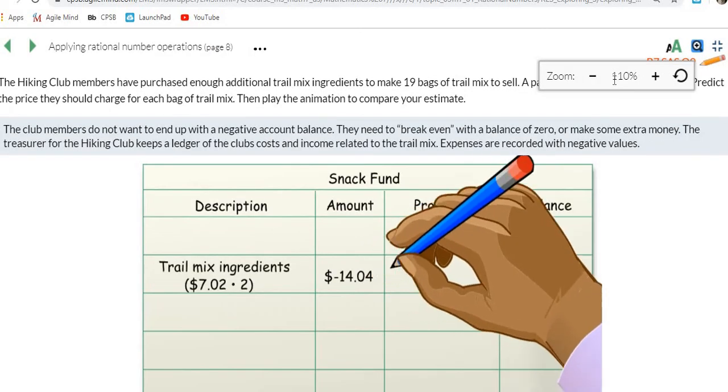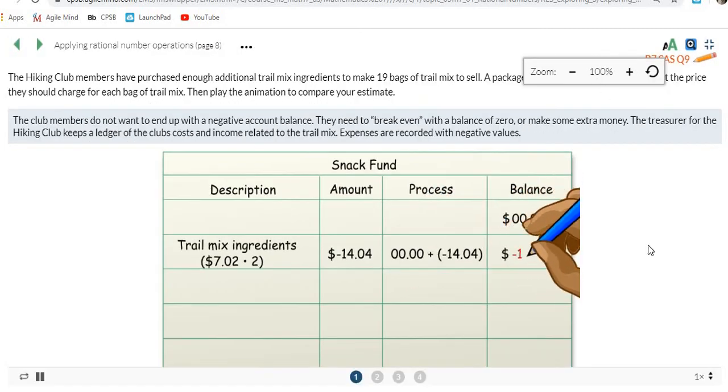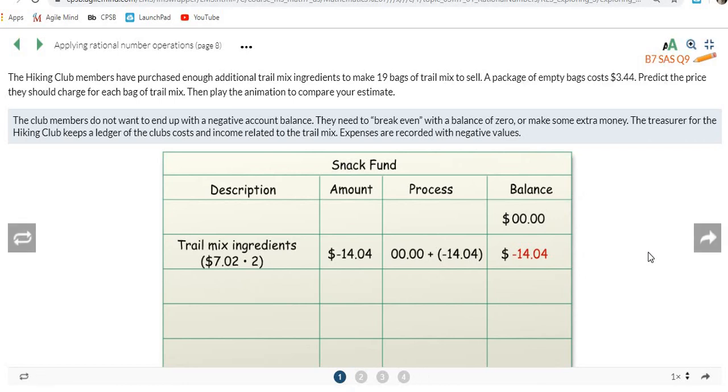So, number 9, they wanted to see how much it costs for everything. We found out that to make 32 bags, we needed 2 sets of those. That gave me a total of $14.04 worth of ingredients I had to buy.